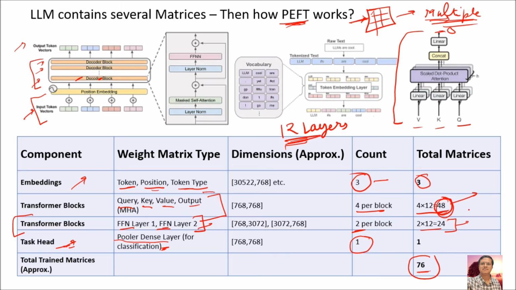So in that case, we will update 48 plus 24 matrices. So this is the level where all the updation happens in pre-trained large language models. Now you can understand where the parameters come from when someone says that a pre-trained large language model contains so many parameters.